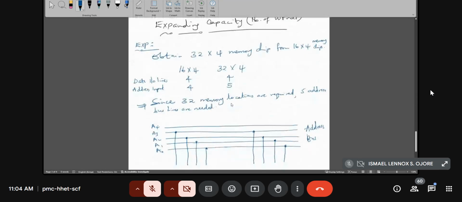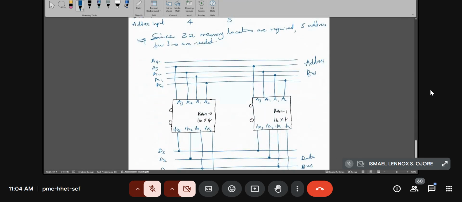For purposes of our labeling, we can indicate this as our chip select line, and this as our write enable.